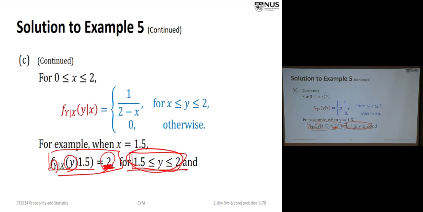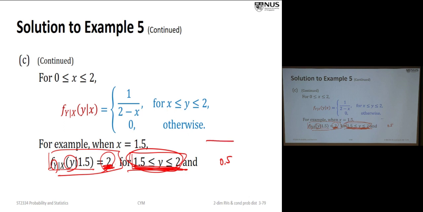It does not depend on y, so it's uniform. That means so long as y takes the value between 1.5 and 2, the distribution will have the same density function, which is 2. In fact, you can see that. What is this width? Between 1.5 and 2, the width is 2 minus 1.5, so the width is 0.5.